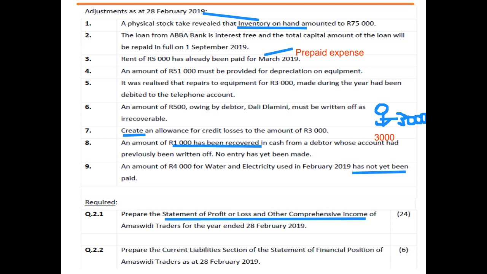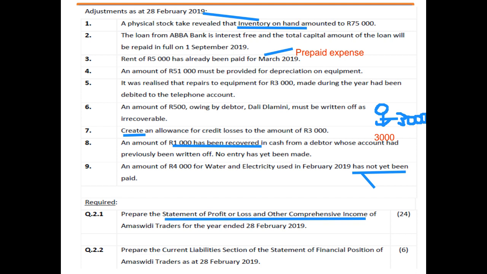So obviously we have this. Do you think this 4,000 will be added or deducted? It will be added. What do we call it? Because the other one here was called prepaid. This one is not a debt. This is going to be called accrued expense.